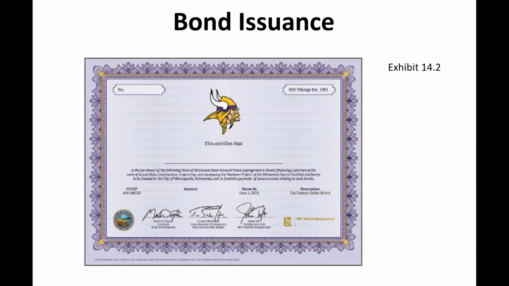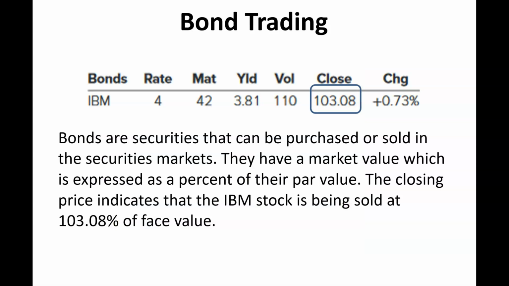This is what a bond certificate would look like. It has the information of how much it is, when it was issued, a description number, and then your name. Now, bond trading. Bonds are securities, and they can be purchased in the securities market. They are expressed as a percent of par value.